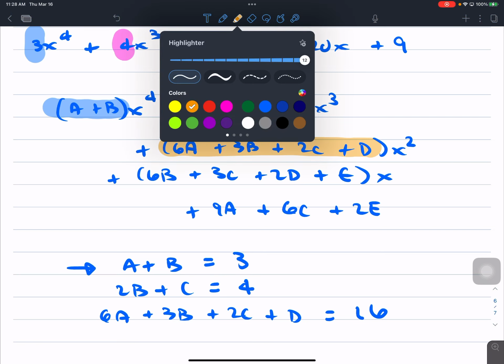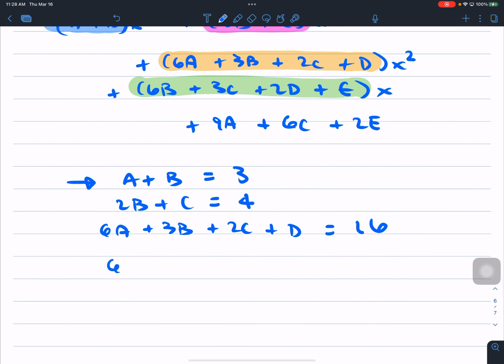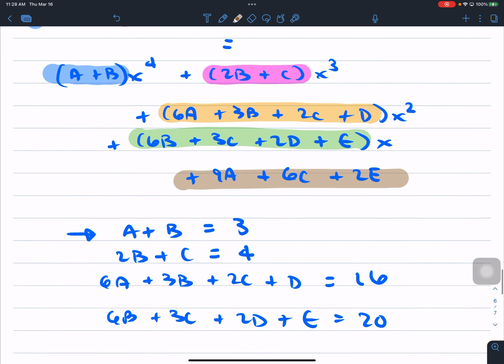And then, what are we saying here? This portion has to equal 20. Is that right? So 6b plus 3c plus 2d plus e, that has to be 20. And then I guess I'll use gold. That's 9.